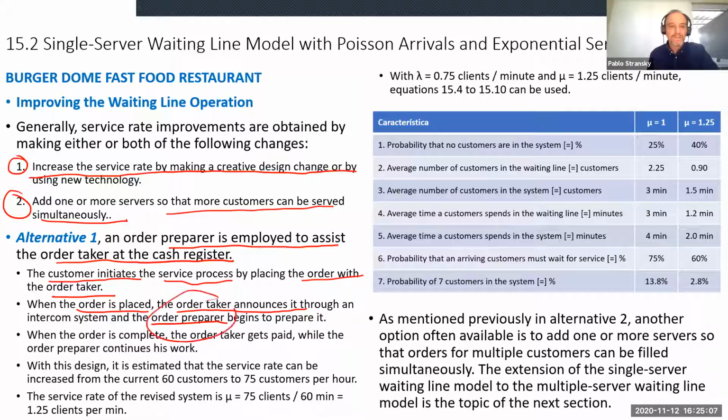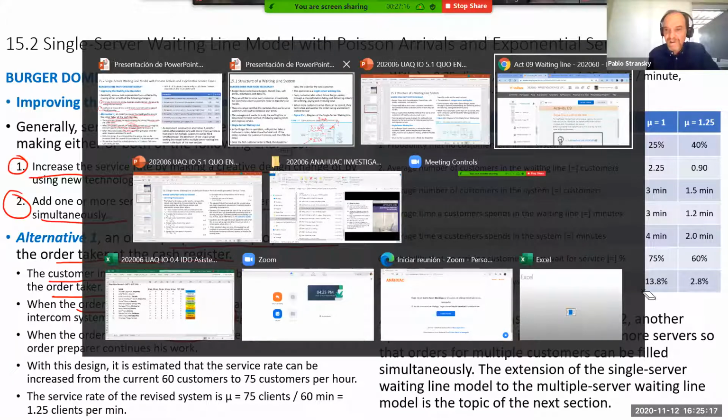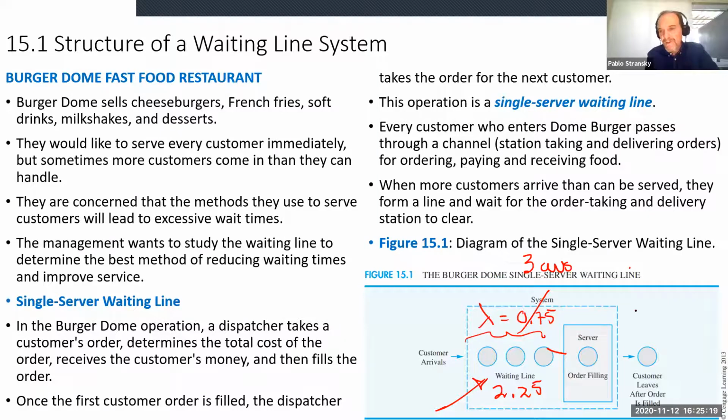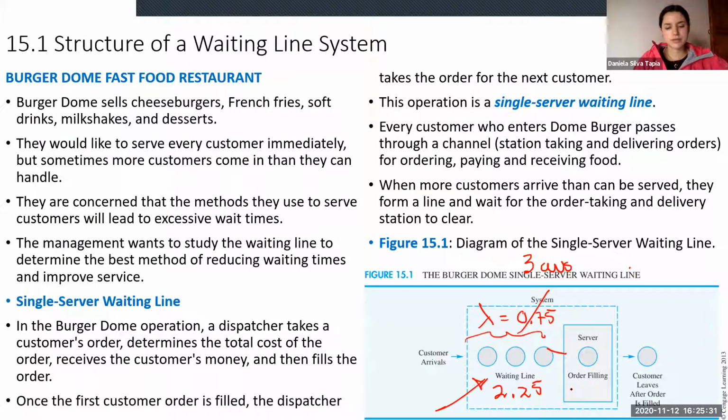So we have two people here, the order taker and the order preparer. Let me see where we were before. So instead of having one person here, we're going to have two. What were the names, remember? Order taker. Here we have an order taker, and behind that order taker, we have an order preparer. So, two persons.